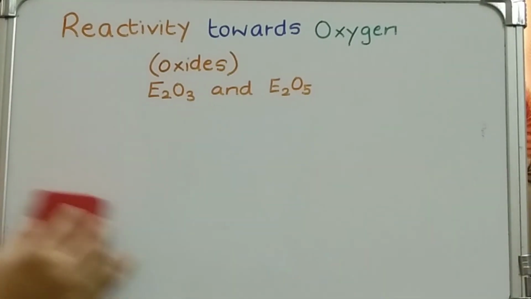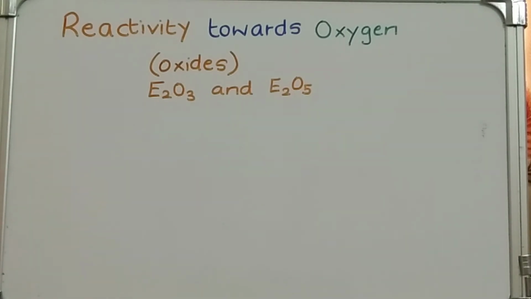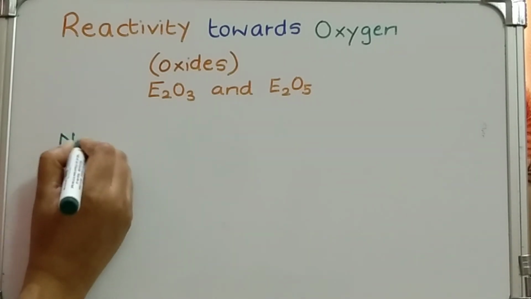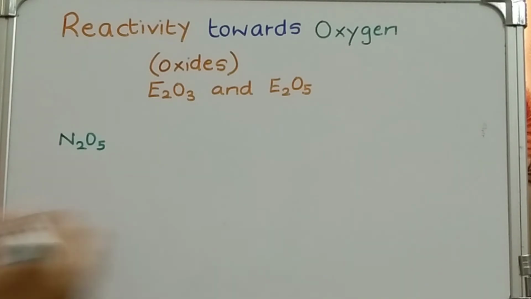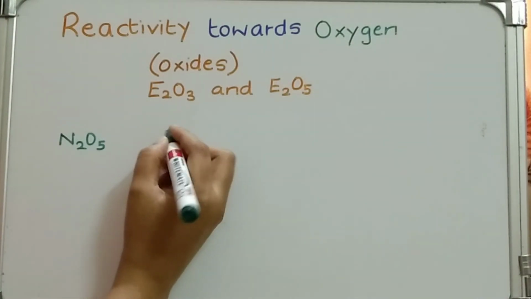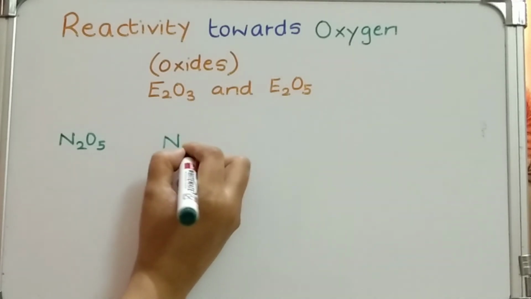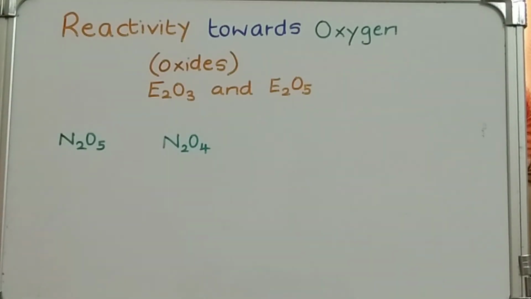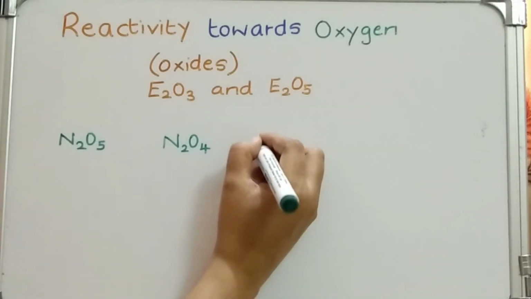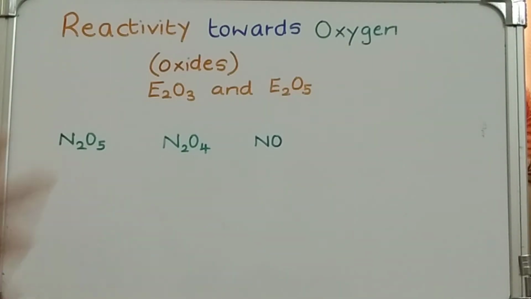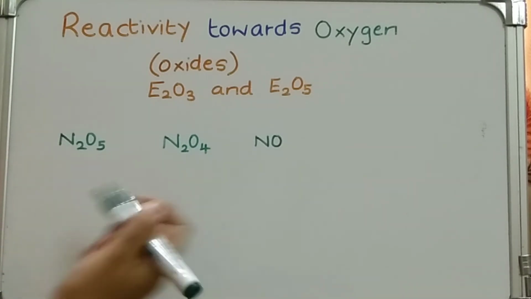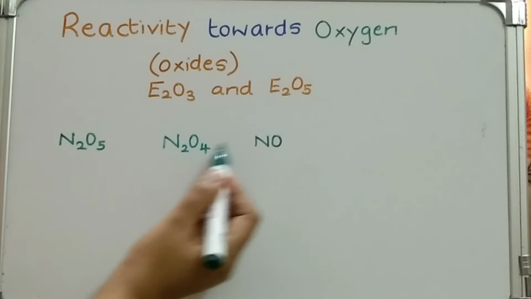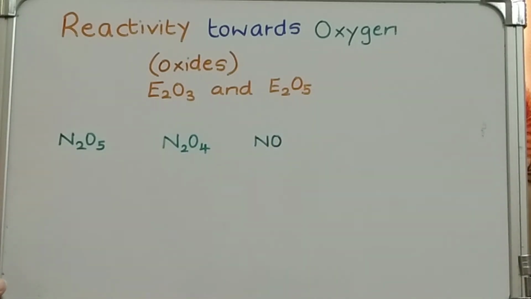So the oxides of nitrogen, I will write only a few. N2O5, then N2O4, then NO. Three examples of oxides I have taken: dinitrogen pentoxide, dinitrogen tetroxide and nitrogen monoxide.